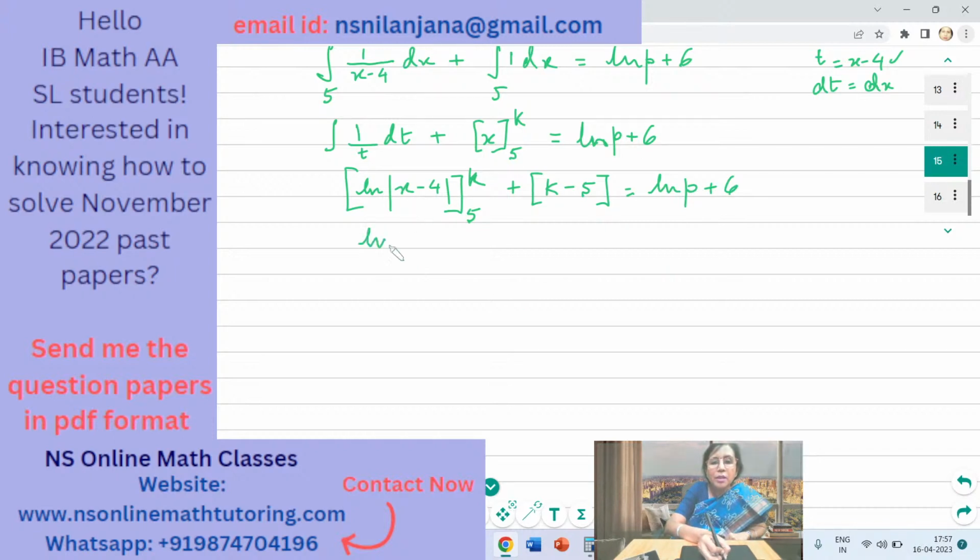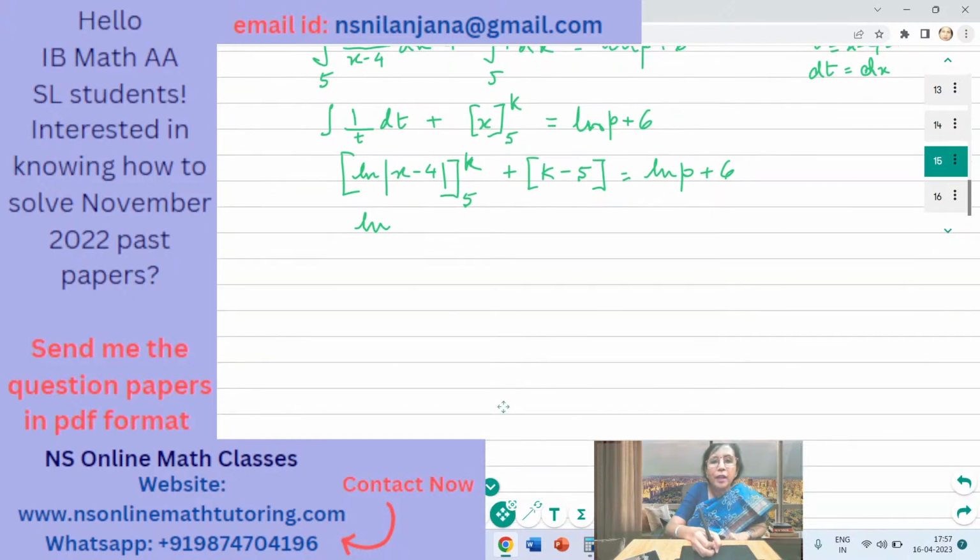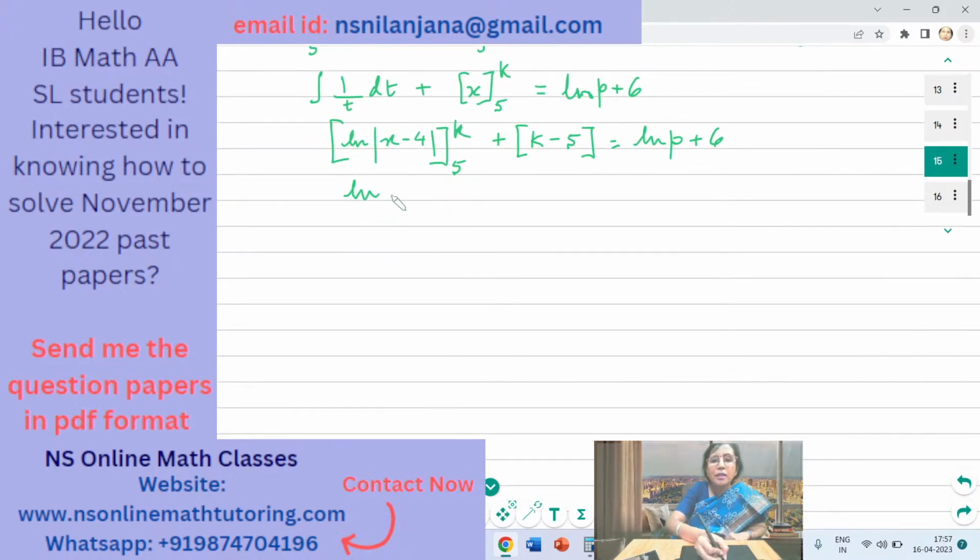Now I'll be substituting k and 5 for x. It is ln of k minus 4, minus ln of 5 minus 4, x equal to 5, plus k minus 5, is equal to ln of p plus 6.